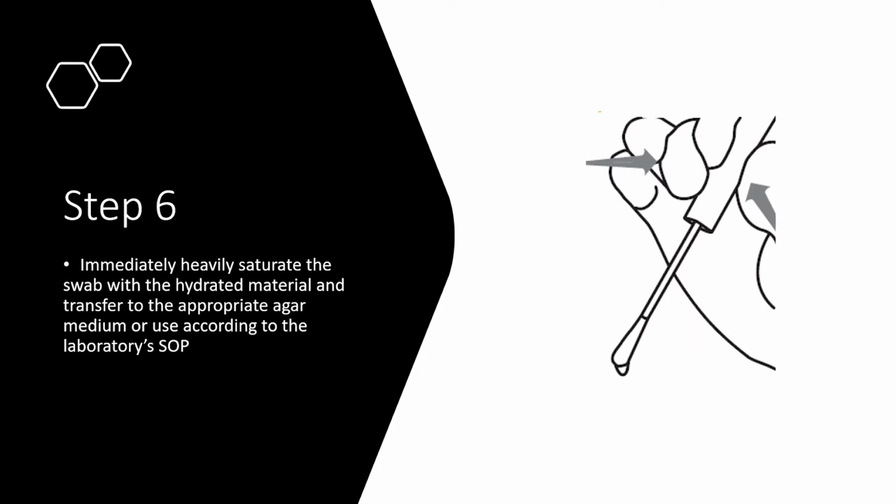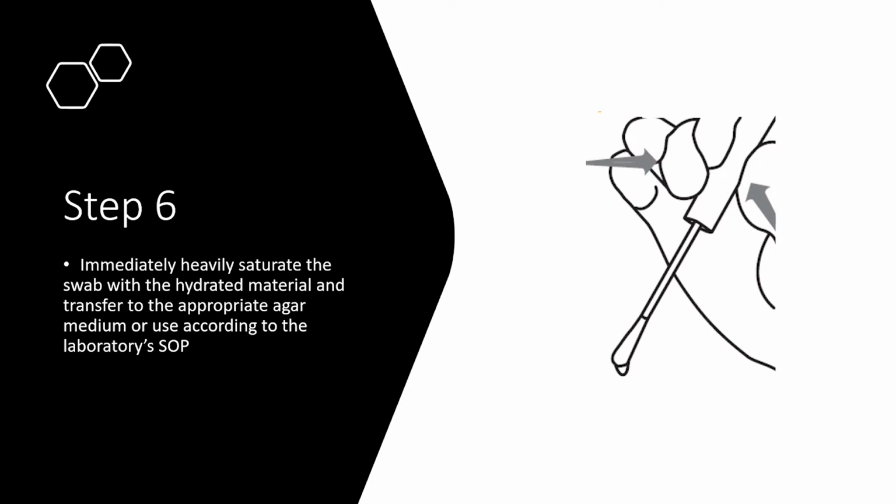Step 6 is then to open the tube. The tube's in 2 parts. The top part that had the ampule also contains the swab. So the swab at the bottom will be soaking in the hydrated pellet, so you want to make sure that that heavily saturated swab is used basically straight away, so that any of the hydrating fluid doesn't evaporate off.